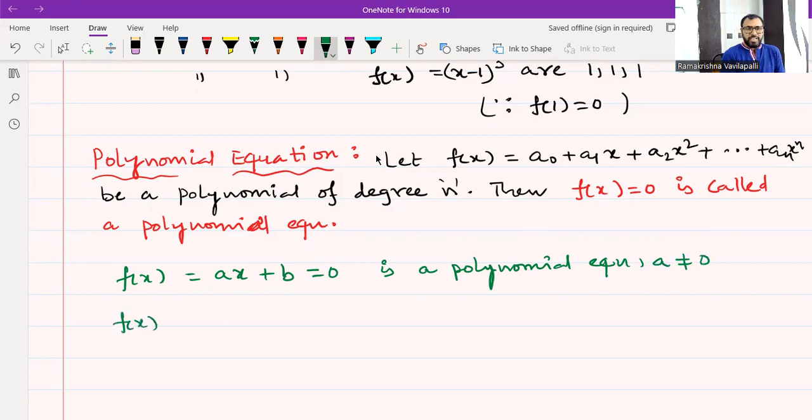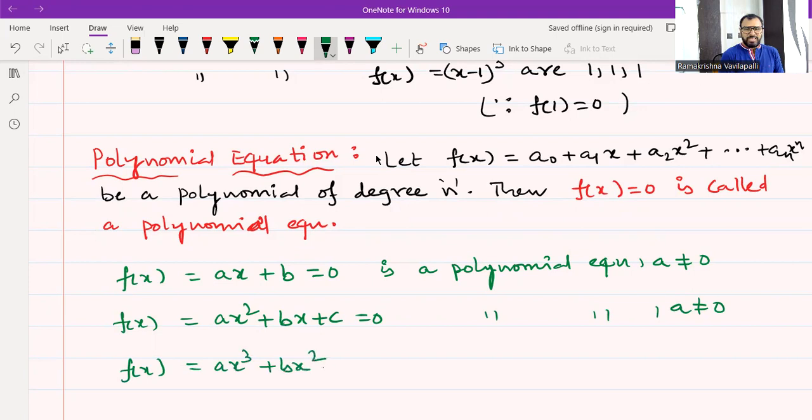Similarly, ax square plus bx plus c equal to 0 is a polynomial equation, a not equal to 0. The first one is linear, the second one is quadratic. Similarly, you can take ax cube plus bx square plus cx plus d equal to 0, a polynomial equation of degree 3.